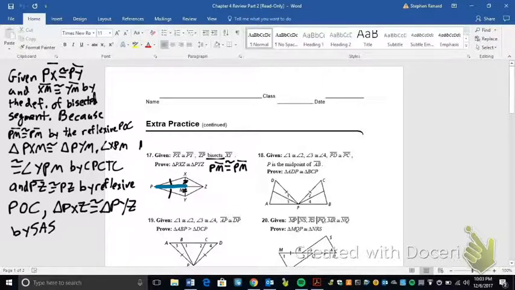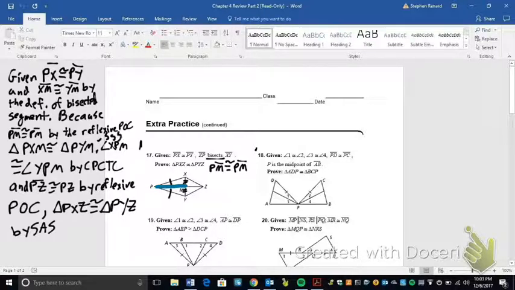So we were able to prove that triangle PXM and triangle PYM are congruent by side, side, side. Because we're given two sides, we can figure out the third one. Sorry, I forgot to put that in there.